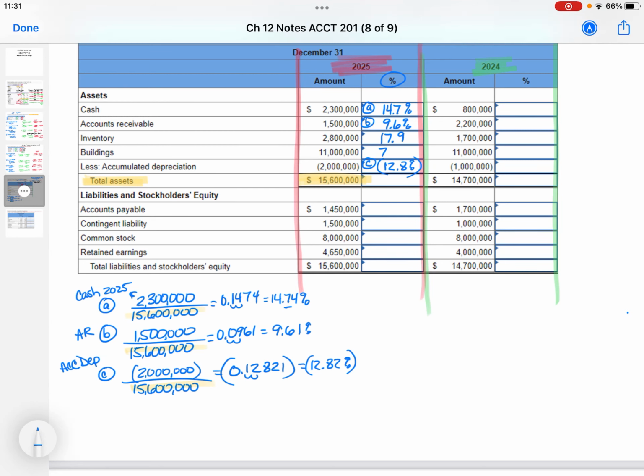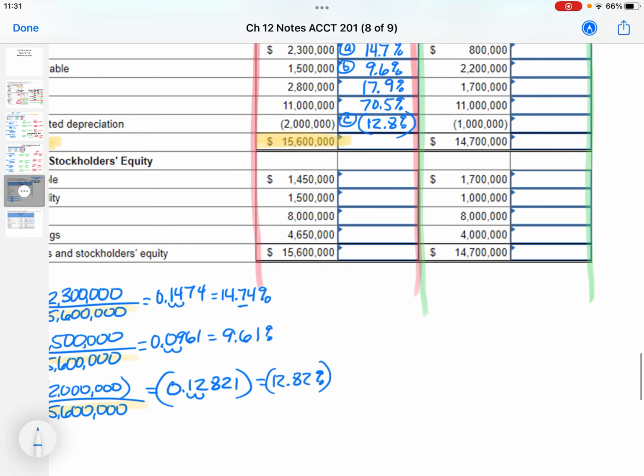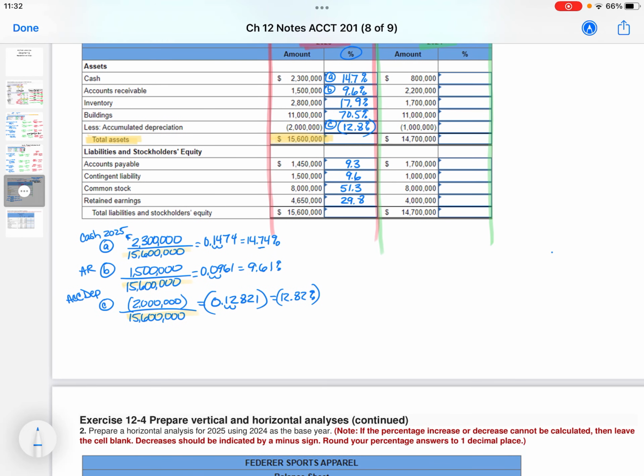I'm going to show you Excel in just a second. So I just want to have the answers here, but this is what it would look like. Now, when I move on to the liability section, I'm still taking these numbers, so 1,450,000, I'm still dividing by 15.6 million.